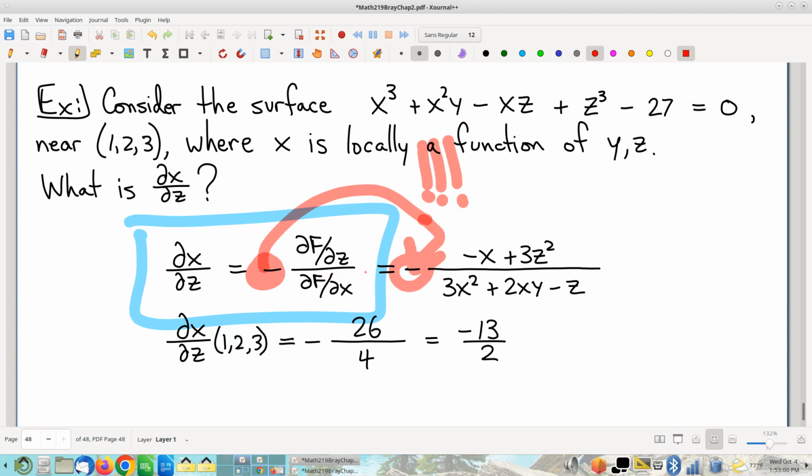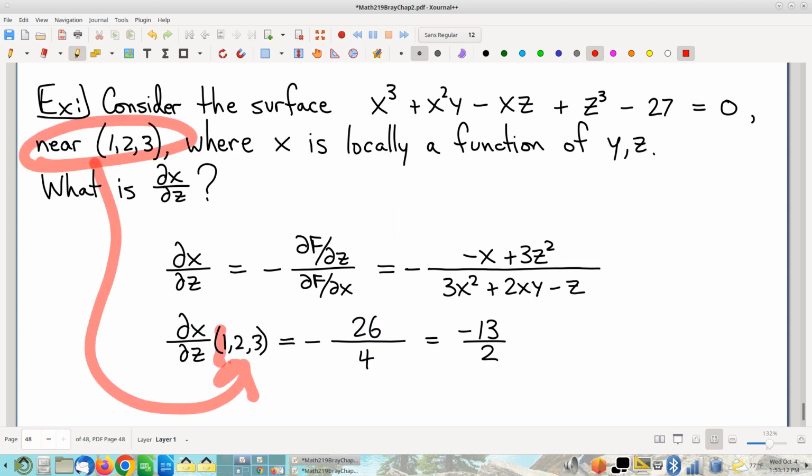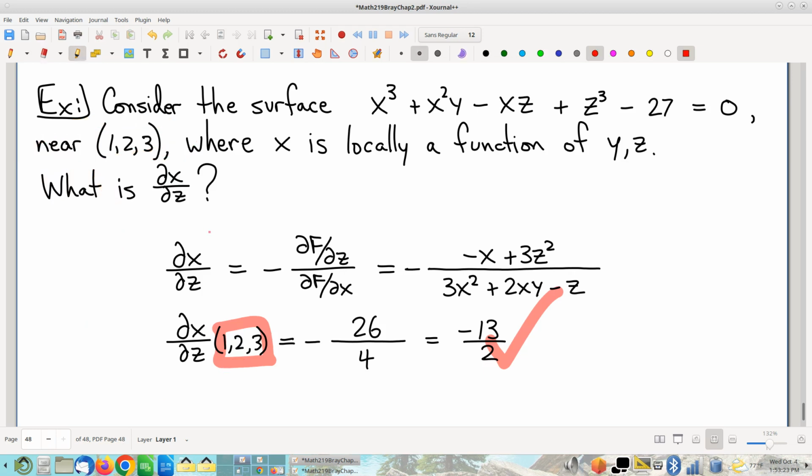All right, make sure to put the minus sign in there and carry it on through. And then it's just a matter of computing, and in particular we're interested in what's going on at this particular point, so I plug in these values here, and our answer is that. Is everybody on board? All right, so that's how that goes down.